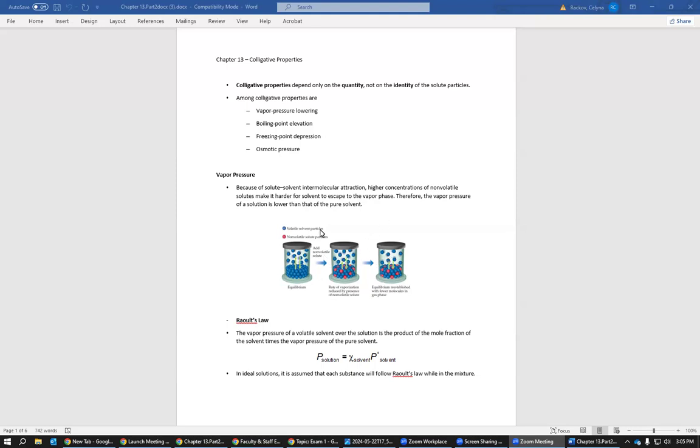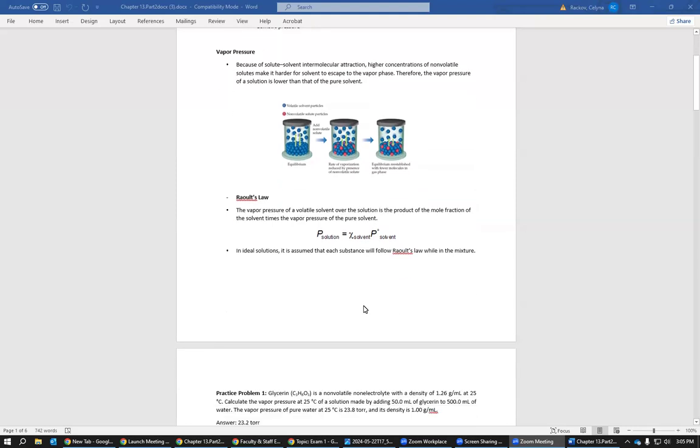So if you add solute, compared to the pure solvent here, it will be more difficult to evaporate. This is why if you add a solute in the solvent, the vapor pressure will decrease. So you have vapor pressure lowering if you add non-volatile solutes. And then equilibrium is reestablished with fewer molecules in gas phase.